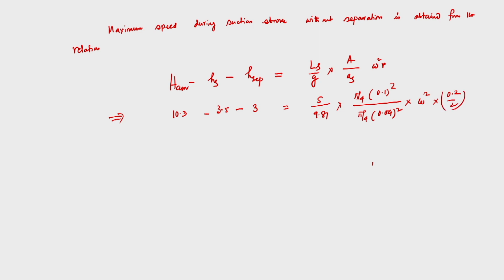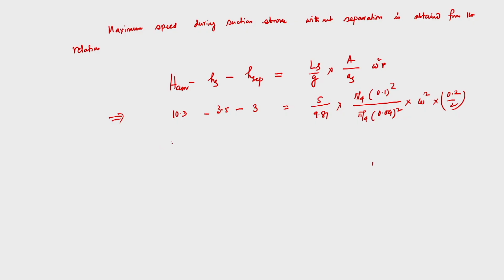I know the stroke length, 20 centimeter, so omega square r is known, and omega we have to calculate. Using H atm, Hs of 3.5 meter and separation of 3 meter, I can calculate omega, and the speed should be 32.98 rpm. So this is the maximum speed during suction stroke without separation, obtained from the relation.